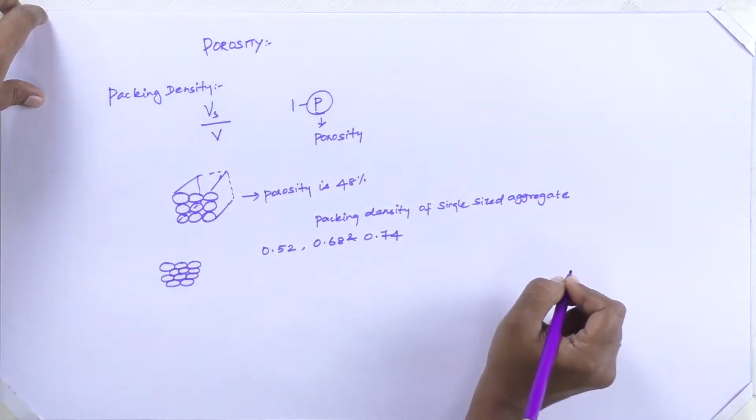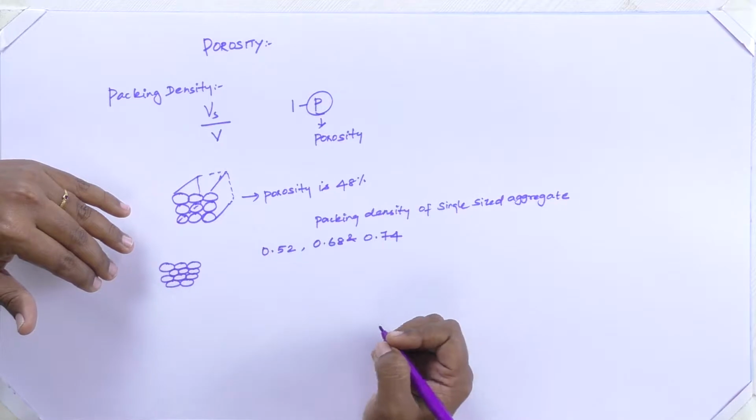when we defined the angularity number. So in order to improve the packing density, instead of using single sized aggregates, we can go for a multi-sized mixture of aggregates, so that the packing of aggregates gets compacted, and also our main aim is to reduce the void ratio, that is the porosity in between the aggregates.